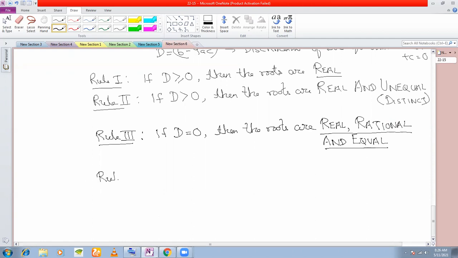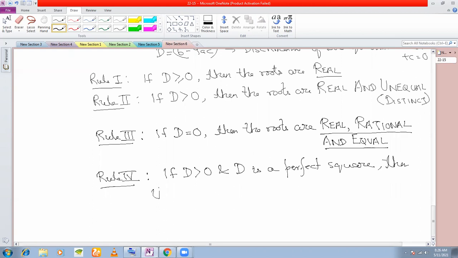Rule number 4: if D is greater than 0 and D is a perfect square, then the roots are real, rational, and unequal.